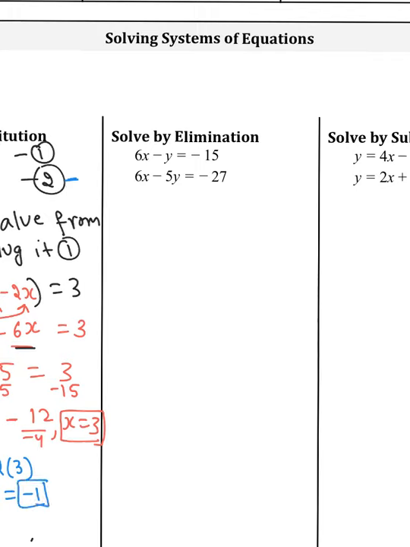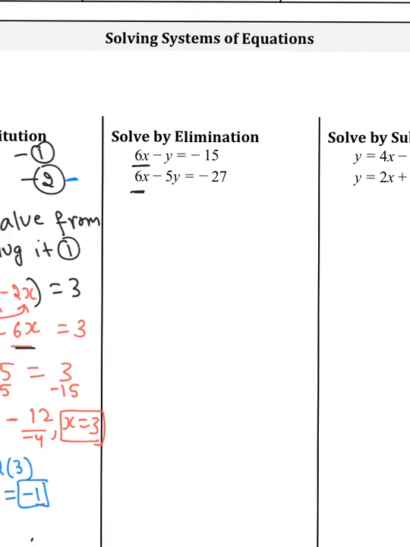The next example is solved by elimination. To solve by elimination, you're going to see what you can cancel. If you notice, this 6x and this 6x are the same in number, but when we add them, they're going to give us 12x as the result.